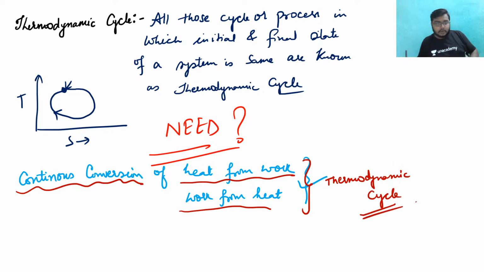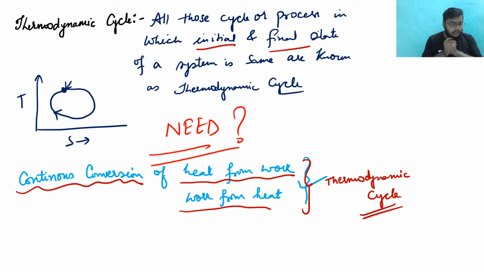Clear? So basically we have understood what a thermodynamic cycle is: a cycle in which the initial as well as the final state of a system is the same. Now the question arises, why is there a need for a thermodynamic cycle, and why are we going to study these things?